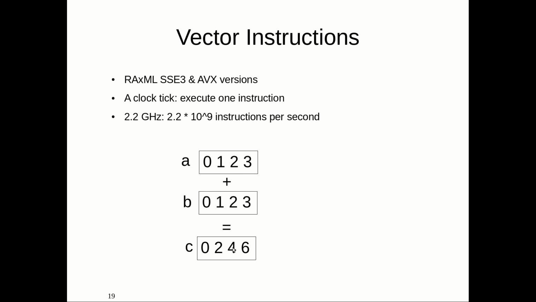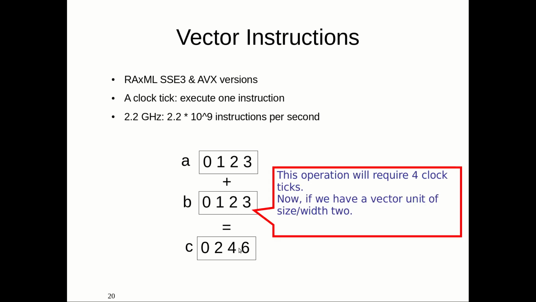The result of the element-wise addition will be stored in C and is of course 0, 2, 4, 6. Now if we execute this sequentially without the use of vector instructions, this operation will require 4 clock ticks. I first have to add the first two elements and store them, then the second two elements and store them, the third two elements and store them, and the fourth two elements and store them.